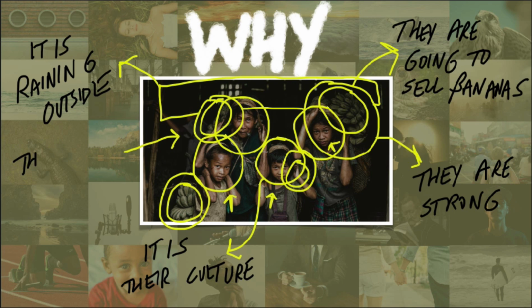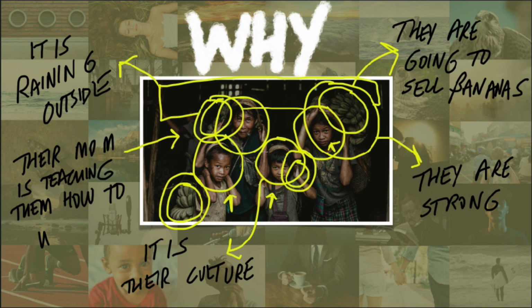So we could say their mom is teaching them. Let's erase that G and let's do it again. Teaching them how to work. So once again, we have multiple pieces of information about one picture that answers the question why.